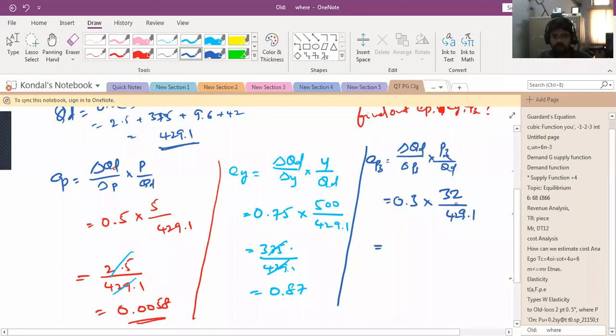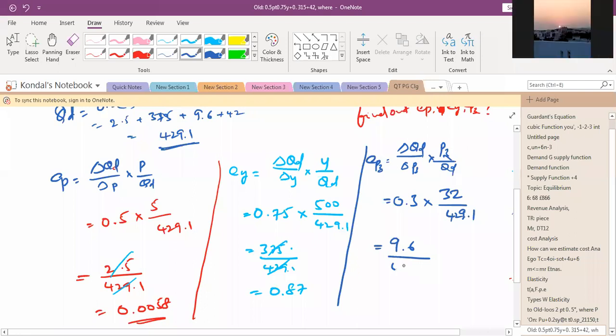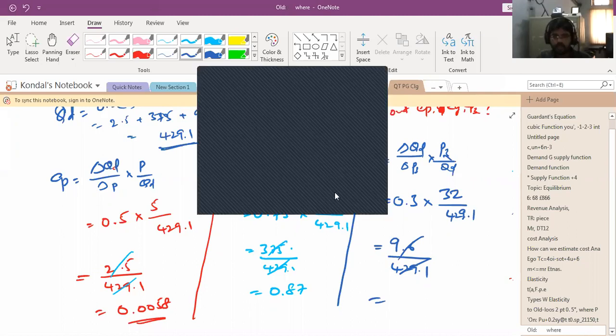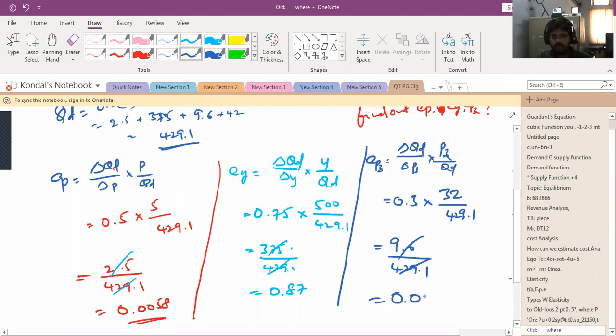So 0.3 into 32 is 9.6, divided by 429.1. When you calculate it, 9.6 divided by 429.1 is 0.022.